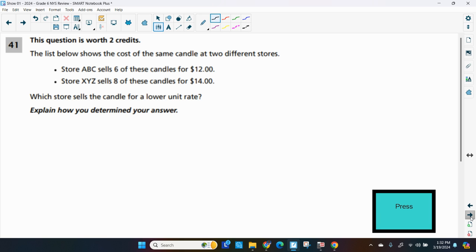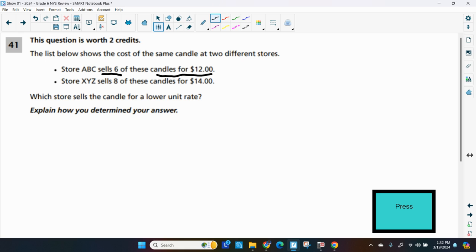This question is worth 2 credits. All right, a little more work. And it's question number 41, which means now that you're down there, you can use your calculator on these types of questions. The list below shows the cost of the same candle at 2 different stores. Store ABC sells 6 of these candles for $12.